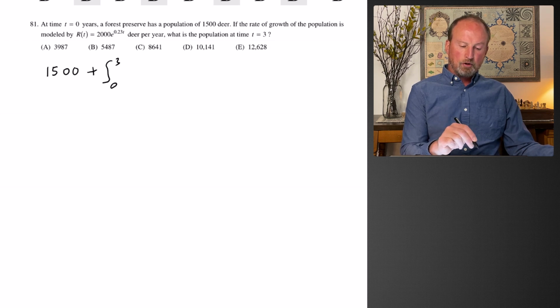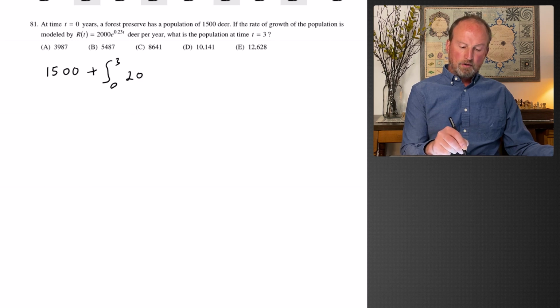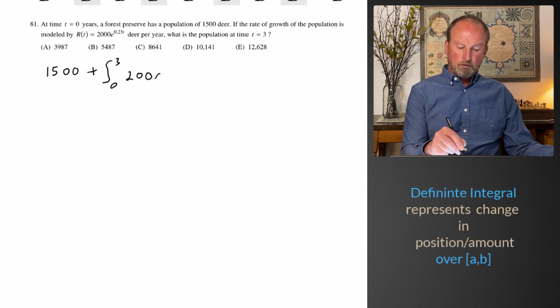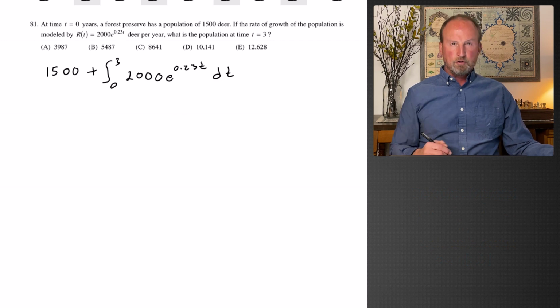At time equals 0, there's 1,500 deer. The integral from 0 to 3 tells me the change in the population from time equals 0 to time equals 3 from my rate of change equation. I don't need notation, but I should get in the habit of good notation.